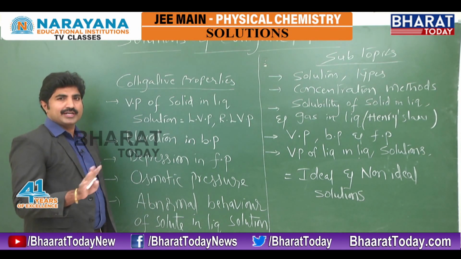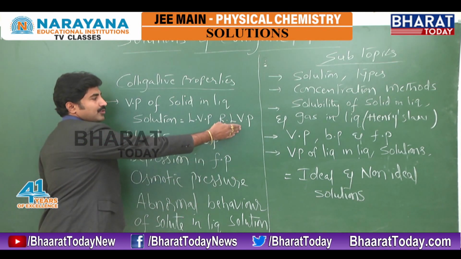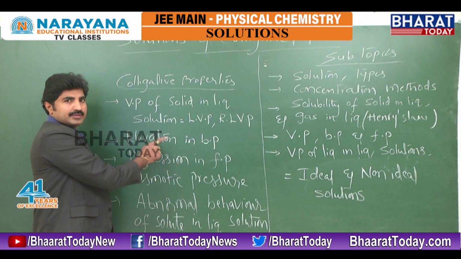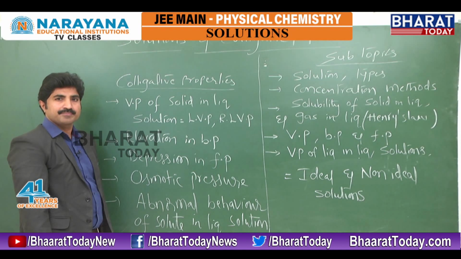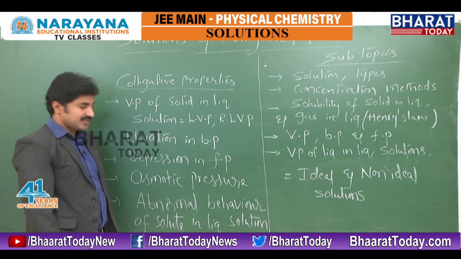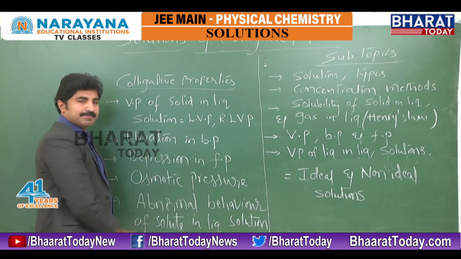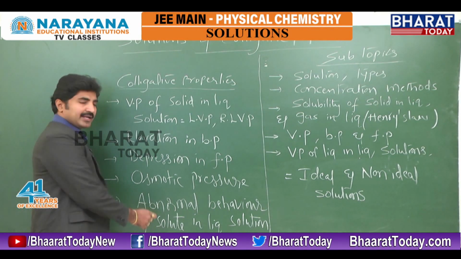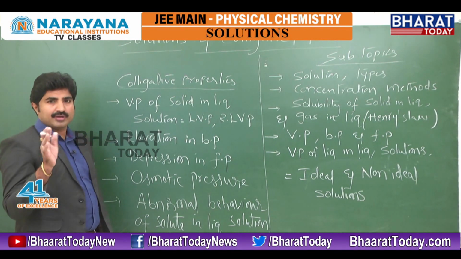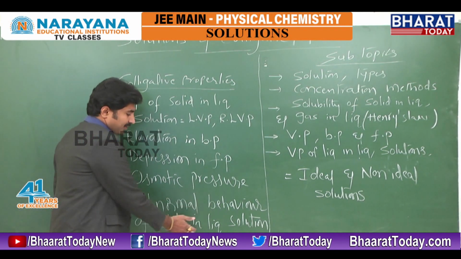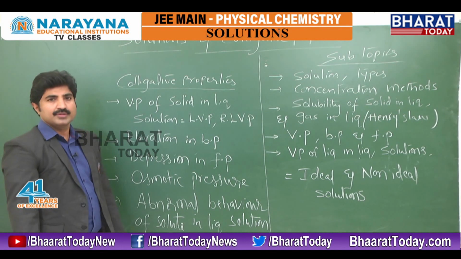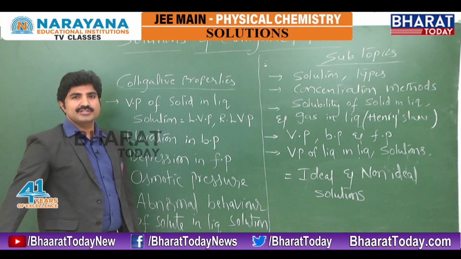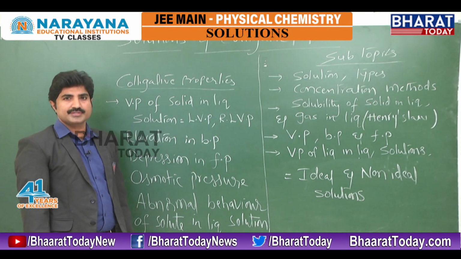So we are going to study four colligative properties: relative lowering in vapor pressure, elevation in boiling point, depression in freezing point and osmotic pressure. For those colligative properties, we are finally going to study the abnormal behavior of the solute in the given liquid solution. So these are the main contents of solutions and colligative properties.